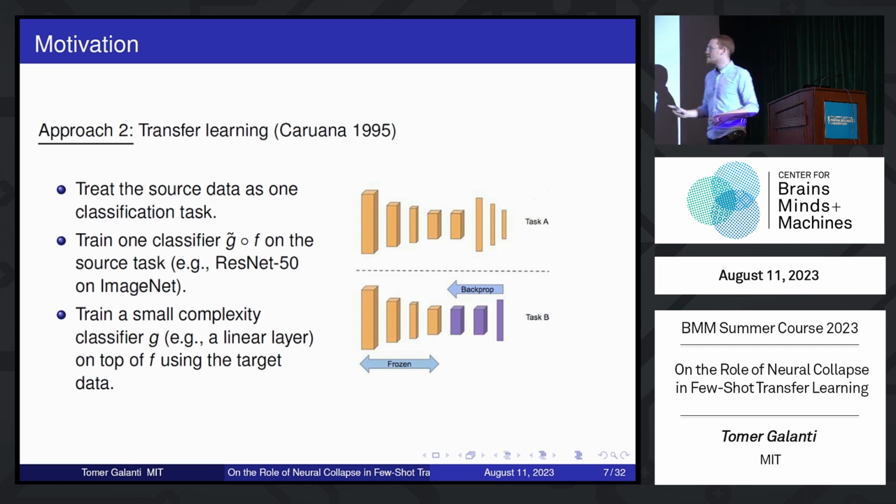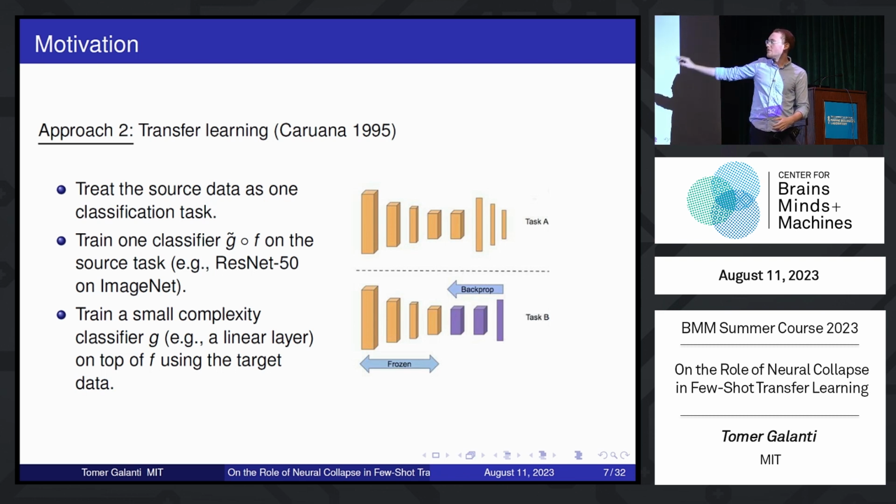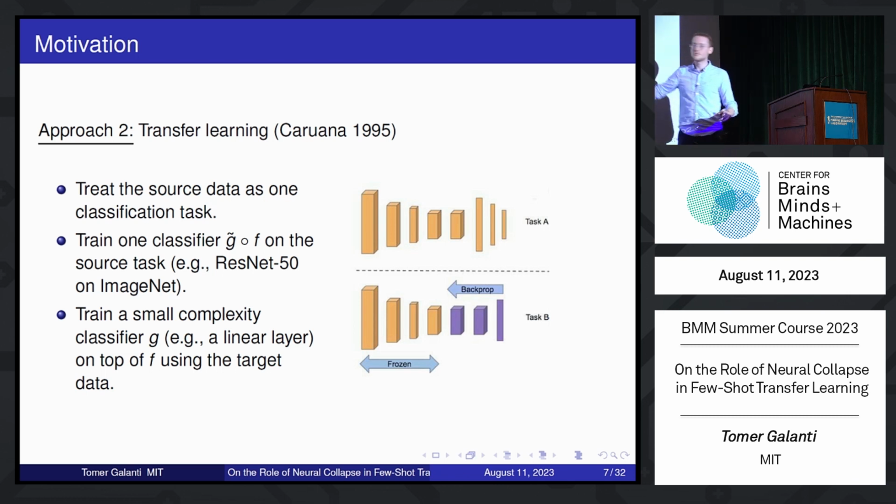Then we freeze the bottom layers of the neural network, and we take the small data set for the target task, and we train the top layers again based on the available data from the task that we actually care about. Okay, so this process is very simple, but it does not really train the model to successfully solve few-shot learning problems. Right? We don't design the frozen part to be able to tackle new tasks with few samples.